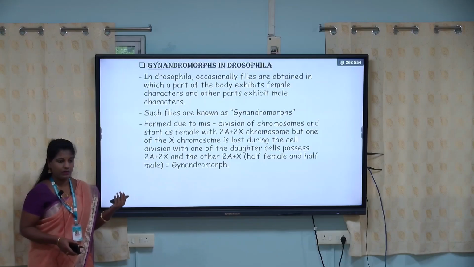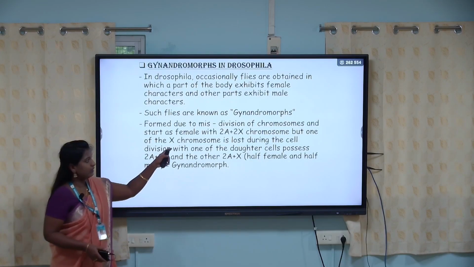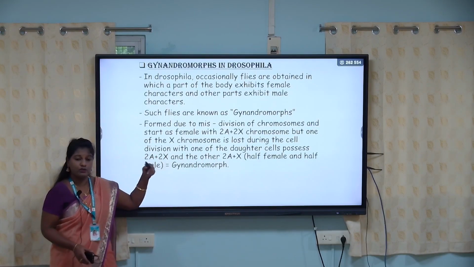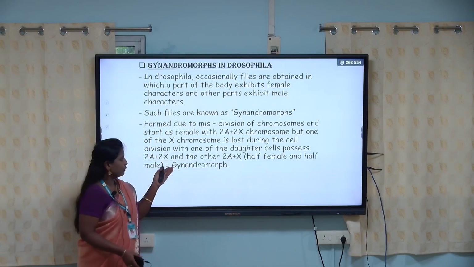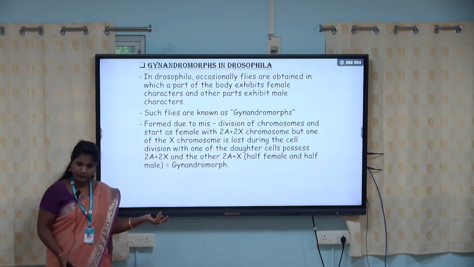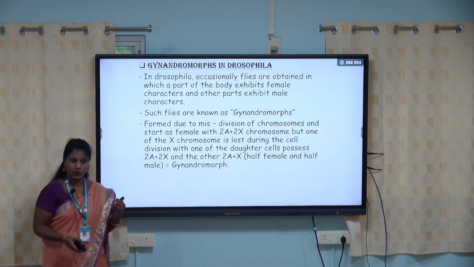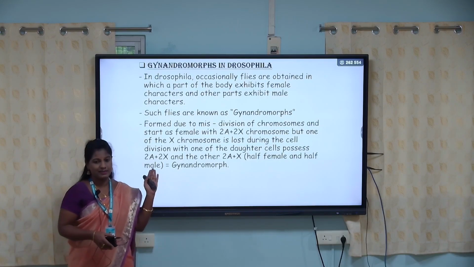Misdivision is also known as non-disjunction. Here it starts with a female with 2A plus 2X chromosomes, but one of the X chromosomes is lost or damaged during cell division, with one daughter cell possessing 2A plus 2X and the other possessing 2A plus X. When it is 2A plus X, it automatically turns out to be a male, and when it is 2A plus 2X, it is a female.